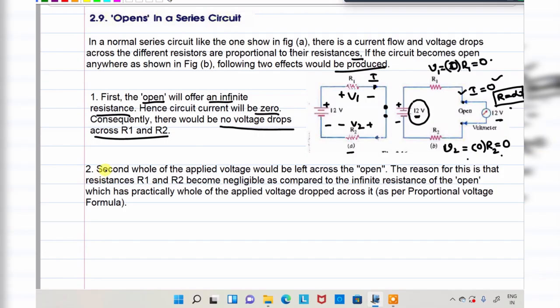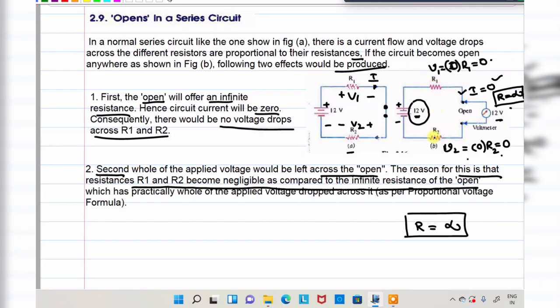So what is the second effect? In the second case, all of the applied voltage would be left across the open circuit. Just now I mentioned, the total entire 12 volts, there is no voltage drop across the resistors, right? This total voltage drop appears across this open circuit. The reason is that R1 and R2 become negligible compared to infinite resistance. Whatever the resistance we have, maybe 1 ohm or 2 ohm, compared to infinity resistance in the open circuit, the remaining R1 and R2 resistances are negligible.